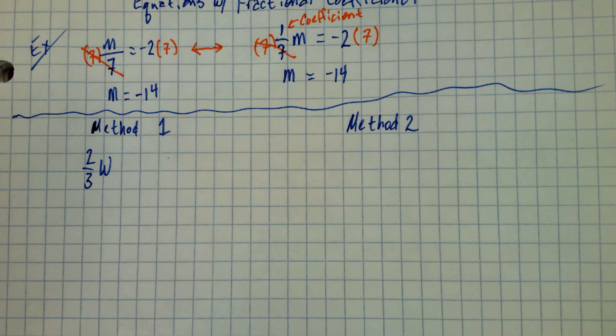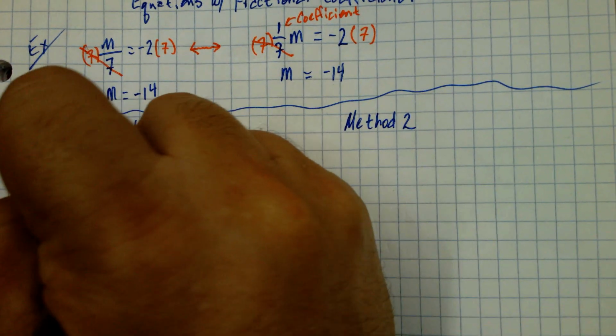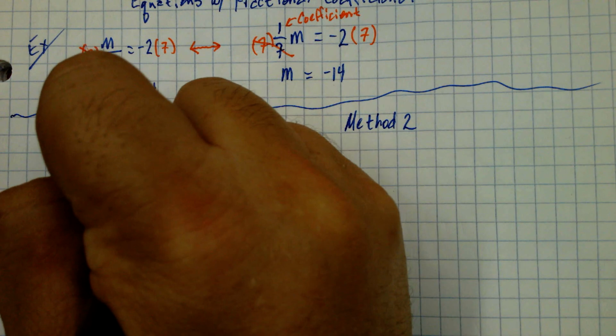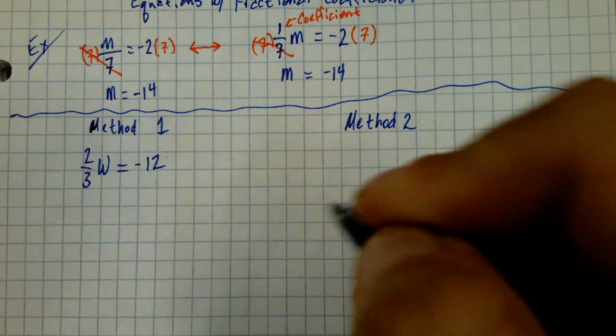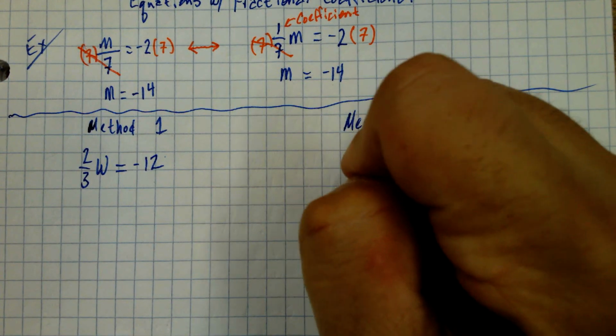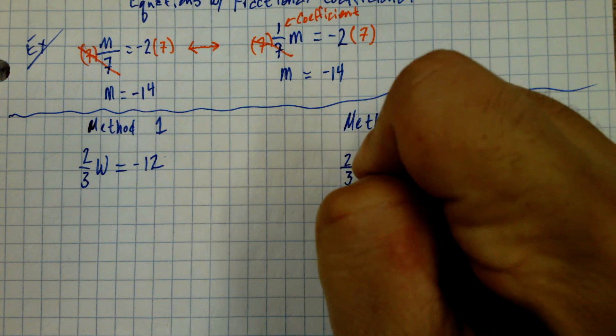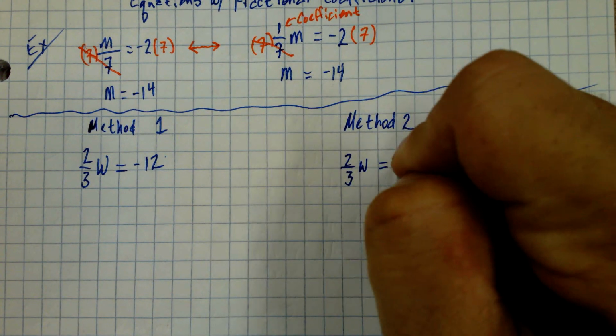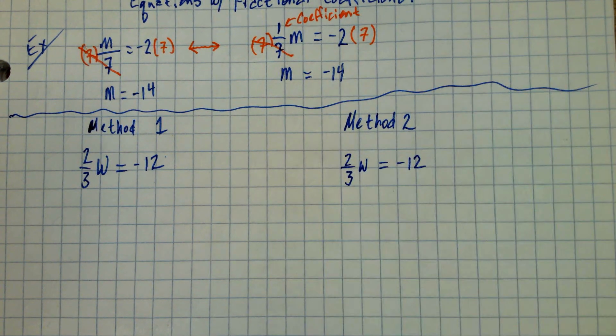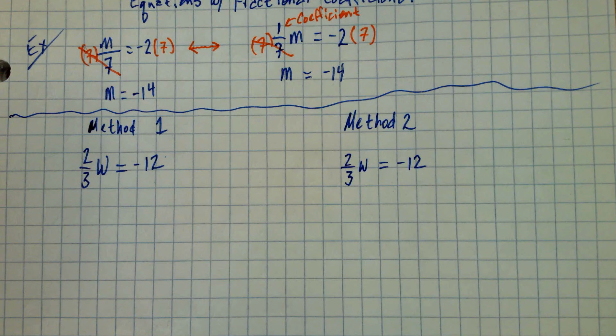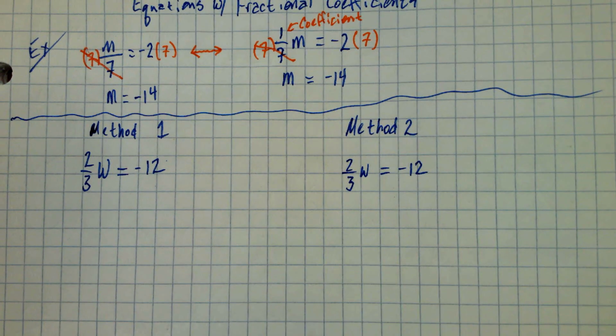So our coefficient is 2/3 equals -12. I'm going to write that underneath for each method. Go ahead and write that down. 2/3 w is -12. Okay? So our coefficient is 2/3.